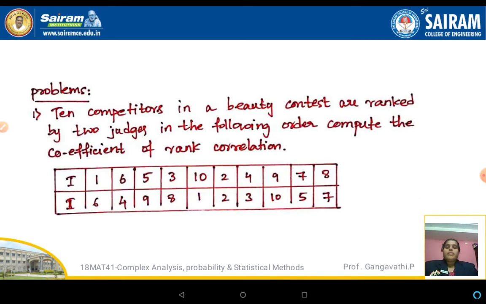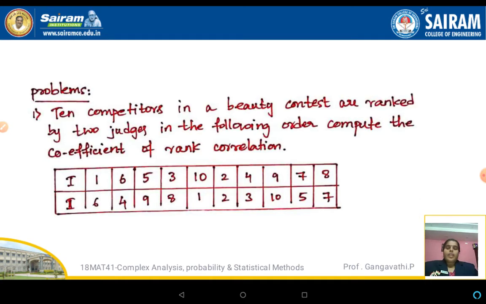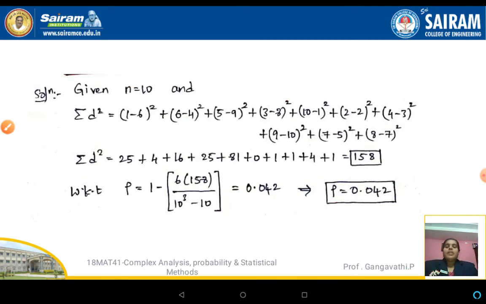The differences between the ranks are 1 minus 6, 6 minus 4, 5 minus 9, 3 minus 8, 10 minus 1, 2 minus 2, 4 minus 3, 9 minus 10, 7 minus 5, 8 minus 7. The same thing we have written here as the summation of d square, the sum of the squared differences in the ranks given by the 2 judges.